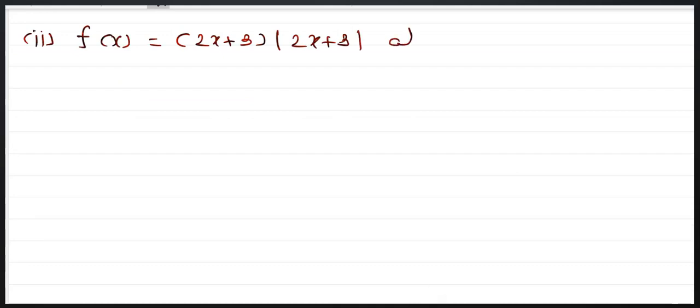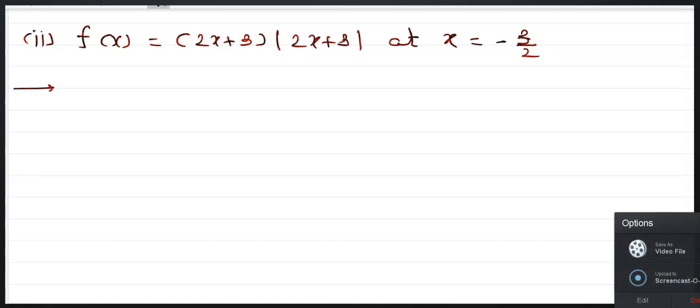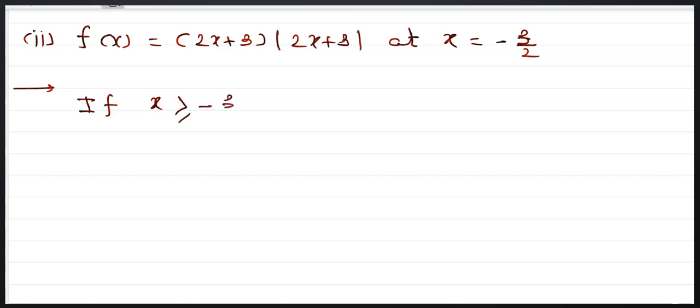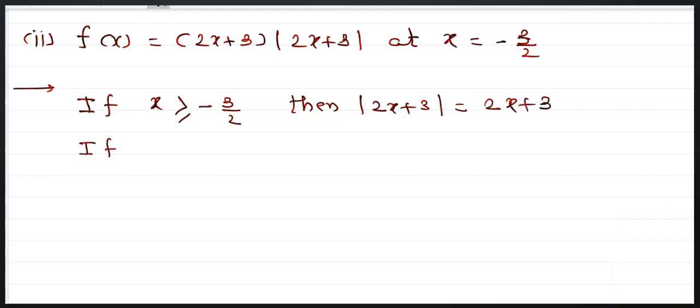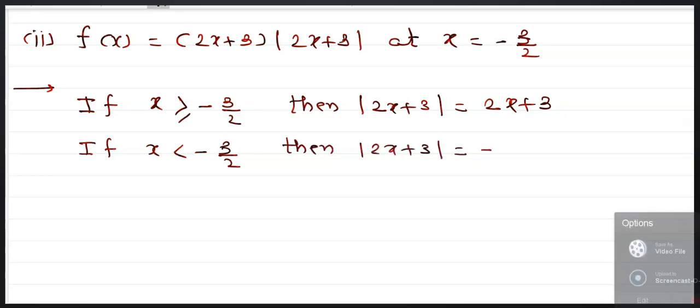Now f of x is equals to 2x plus 3 mod of 2x plus 3 at x is equals to minus 3 by 2. If x is greater than or equal to minus 3 by 2, then the mod of 2x plus 3 is equals to 2x plus 3. If x is less than minus 3 by 2, then mod of 2x plus 3 is equals to minus of 2x plus 3. This is important.